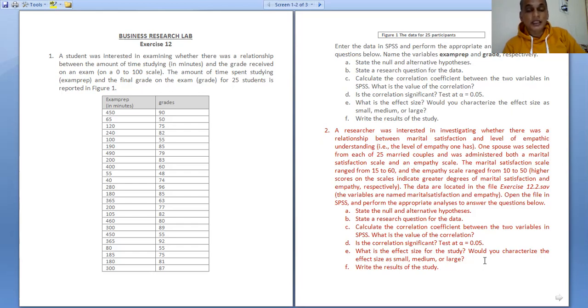And now coming to the last part of the question: write the results of the study. So results of the study are simple. We say that there is a significant positive relationship between marital satisfaction and level of empathic understanding, R within brackets 23 is equal to 0.558, comma, small p is equal to 0.04.